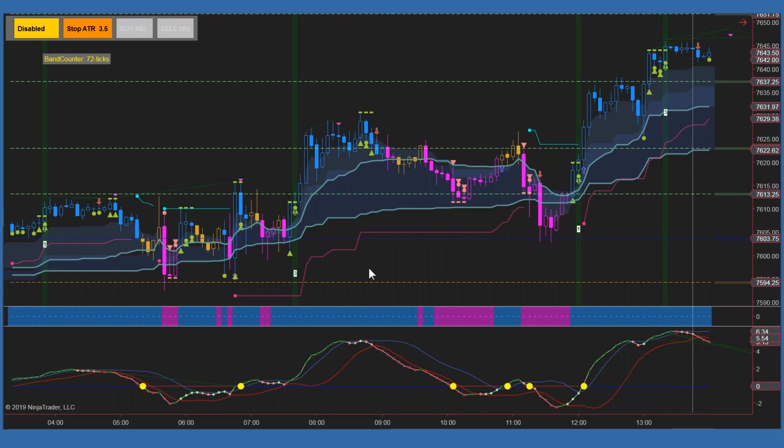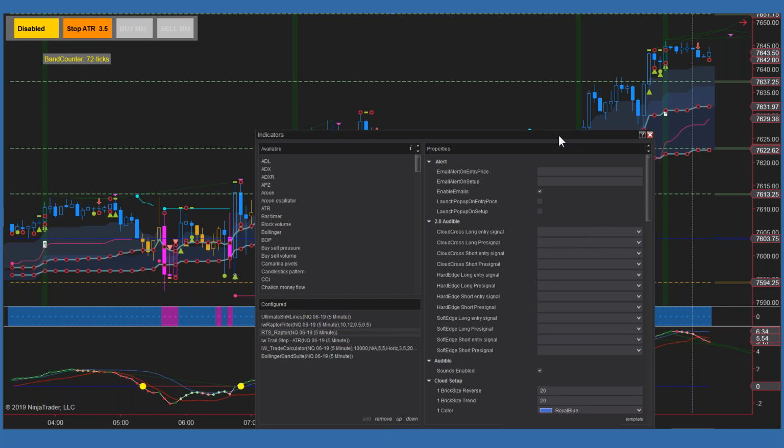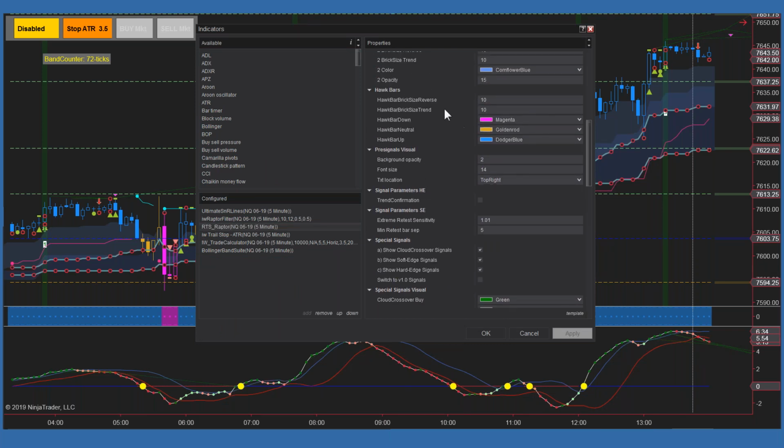If you're only following a handful of markets, it's worthwhile to customize the signal for the market you're following. So here, for instance, maybe I will play now with the hawk brick size and see what that does. I see what it looks like at 10 and 10. Let's cut that in half. Let's go 5 and 5 and see what that does for the signals.